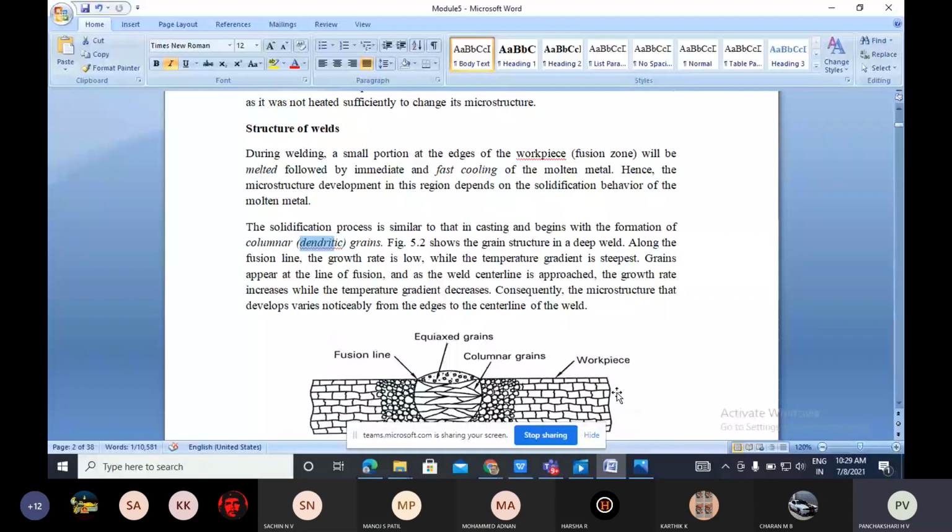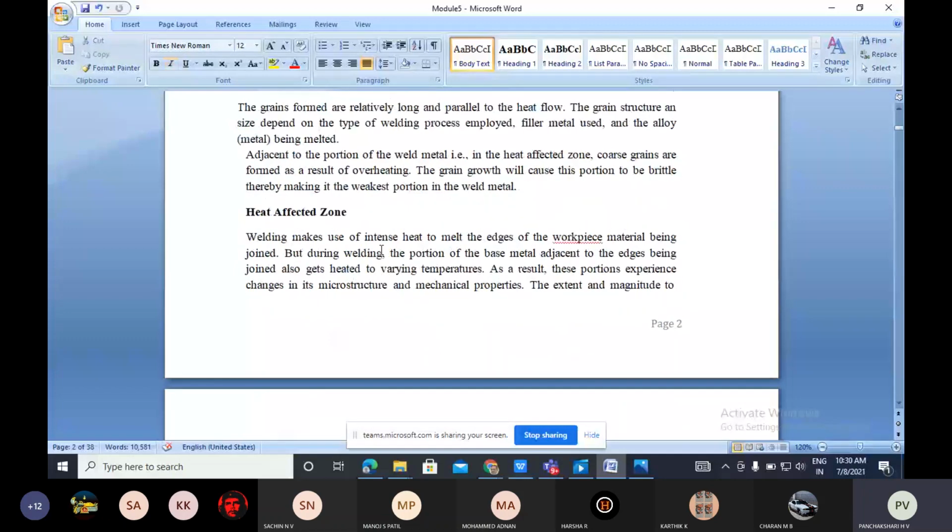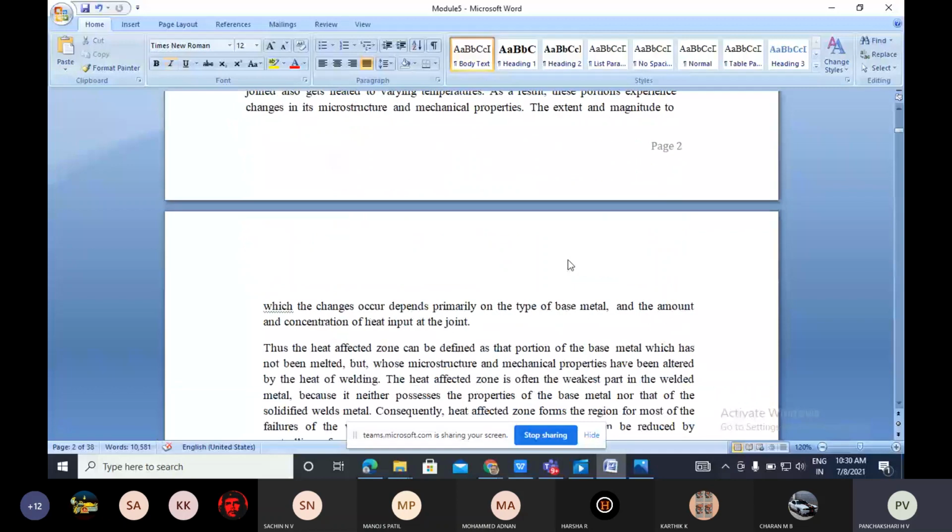Surrounding that, the coarse grains are formed, and surrounding that, the finer grains are formed with the reduction in temperature. That is explained in this paragraph. Heat affected zone: welding makes use of intense heat to melt edges because of the severe temperature developed here.